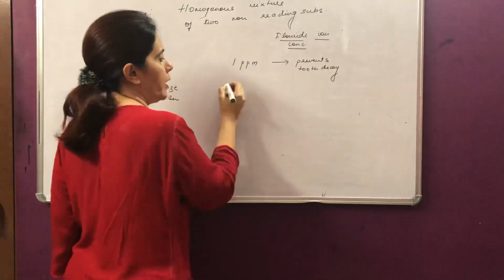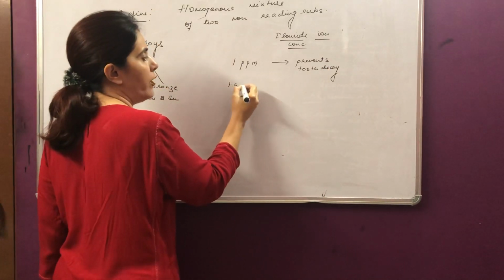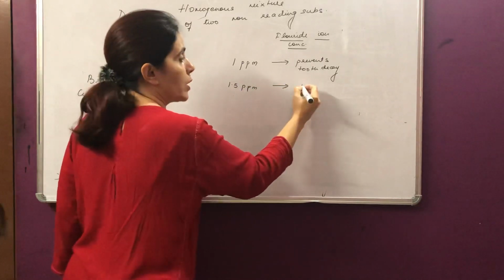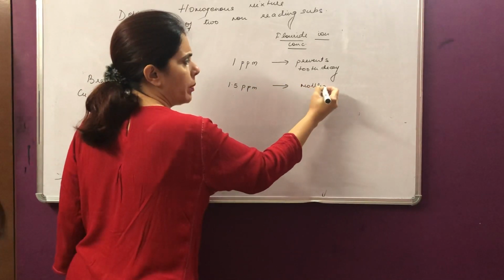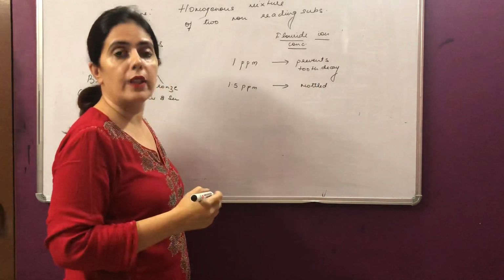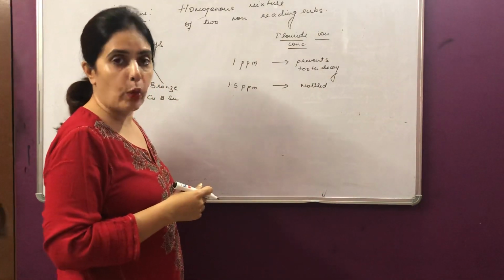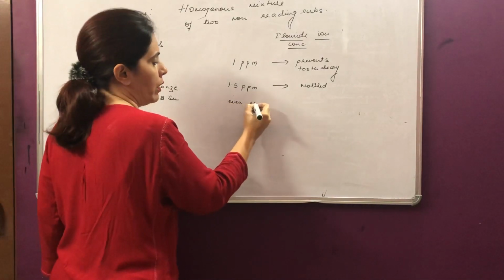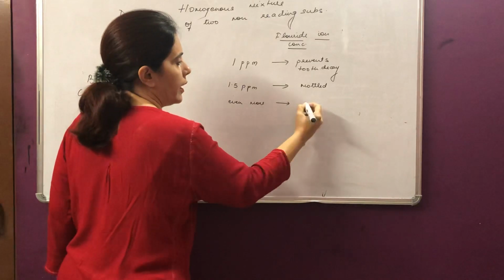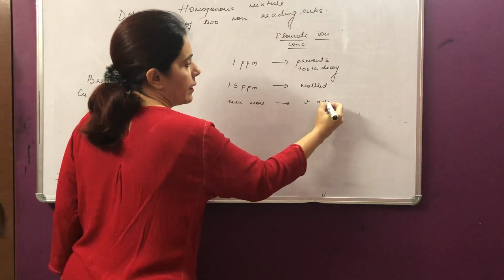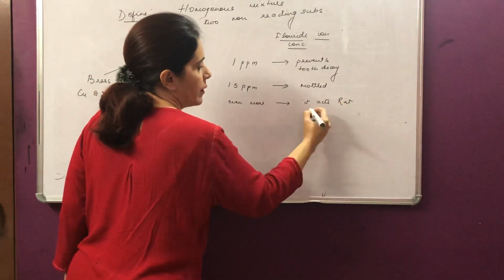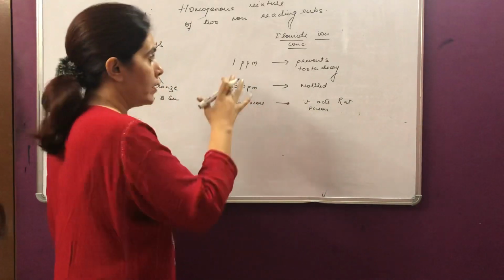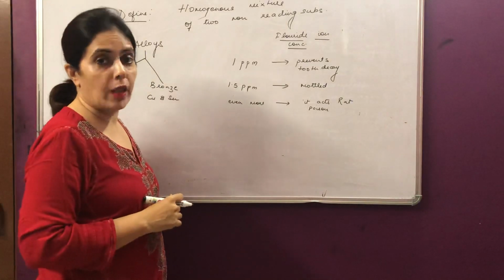If the same fluoride ion concentration is 1.5 parts per million, then the tooth gets mottled. You can see brown teeth, many people having brown teeth because they stay in areas where concentration of fluoride ion is more in water, right? And if it is even more, it acts as rat poison. You know, rat poison, sodium fluoride is a rat poison. So, this is the importance of concentration in our lives.